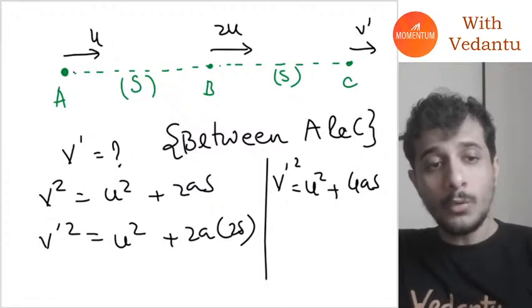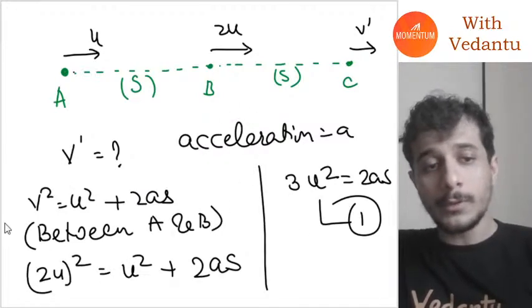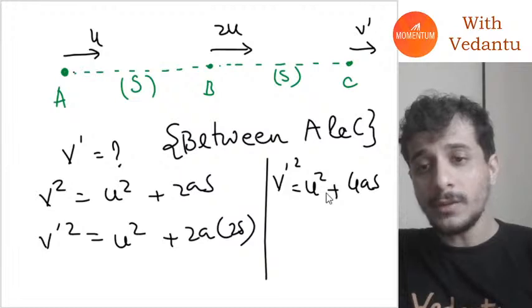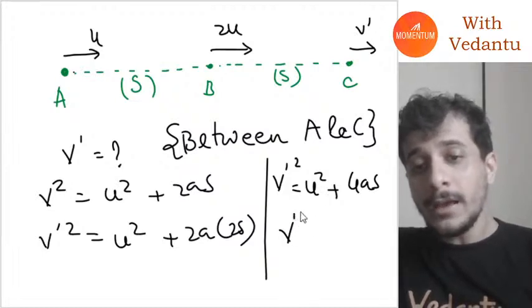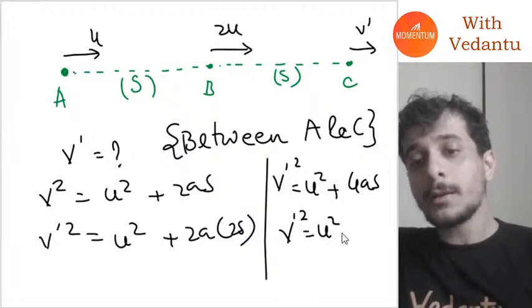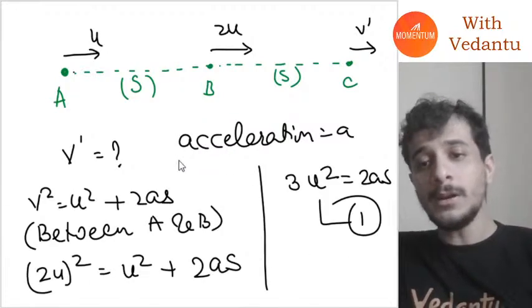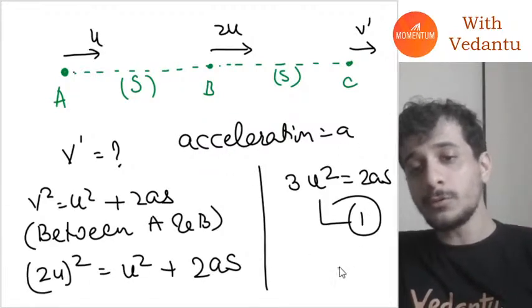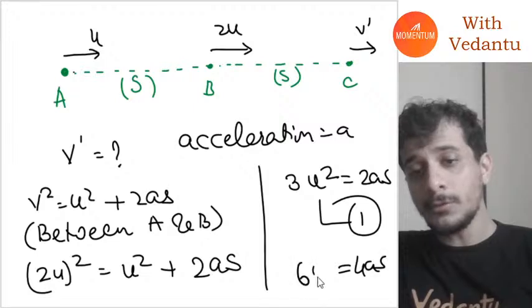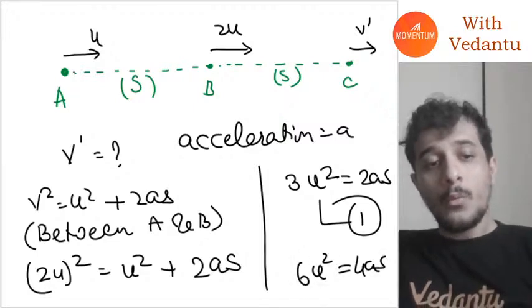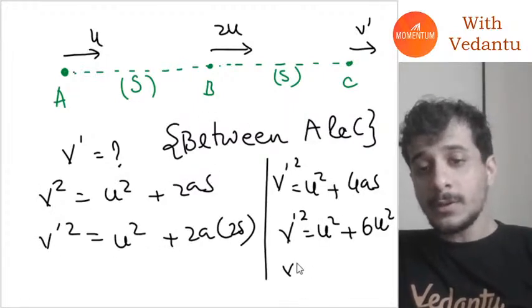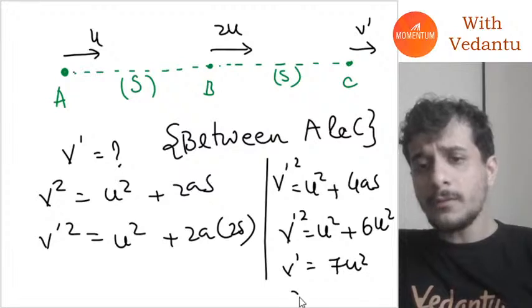Now I know that 2as is equal to 3u square, so 4as will be equal to 6u square. So v dash square is equal to u square plus 6u square, which gives me v dash square is equal to 7u square. v dash is equal to root 7 u.